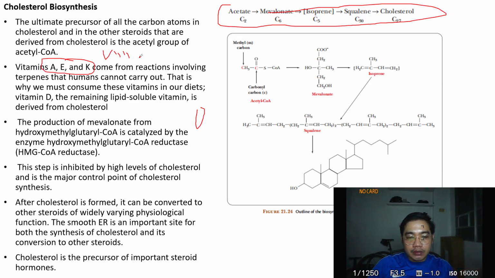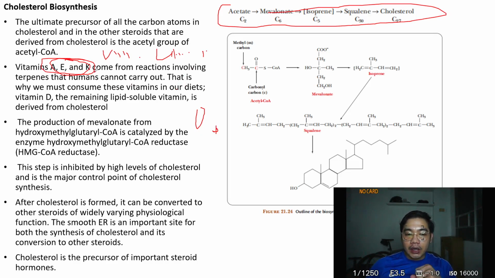You need to ingest them from your diet. Vitamins A, E, and K are what we call lipid-soluble vitamins. Meaning they need carriers in the plasma, and then they are stored in your fat.